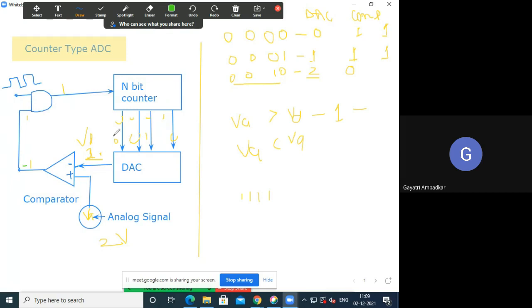And at this moment, whatever data is available on the output of the counter is the digital form of this analog signal. So this analog voltage is equal to this digital data which is present at the output of the n-bit counter. Have you understood?